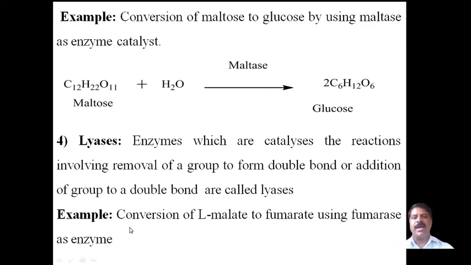An example for this is the conversion of L-malate, the levorotatory malate, to fumarate using fumarase as an enzyme.